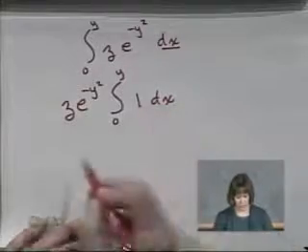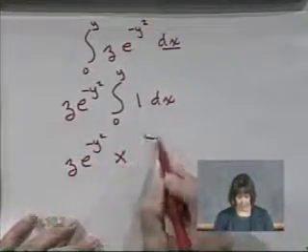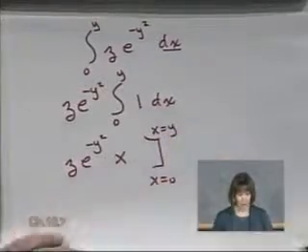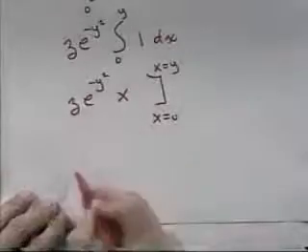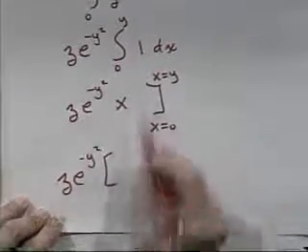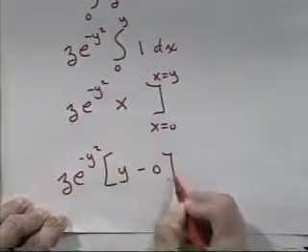So you could factor that out if you wanted to. And so the integral of 1 dx is just x, and we're ranging from x is 0 to x is y. So I can bring my constant out here, and for x we're plugging in y, minus for x we're plugging in 0.